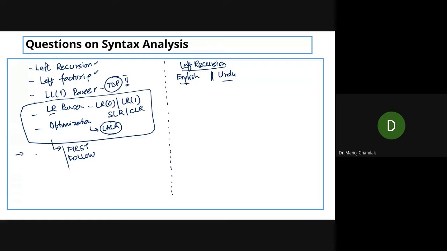I'm writing from this end to this end, and when you studied Urdu, you write from the right end and go towards the left end. This is a very interesting concept because in English you start from left to right, and in Urdu you start from right to left. Am I correct? I'm not very familiar with Urdu, but I know that in Urdu you write from this side, right? So right to left, is it true?